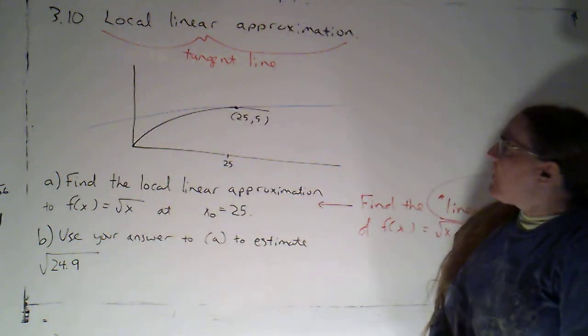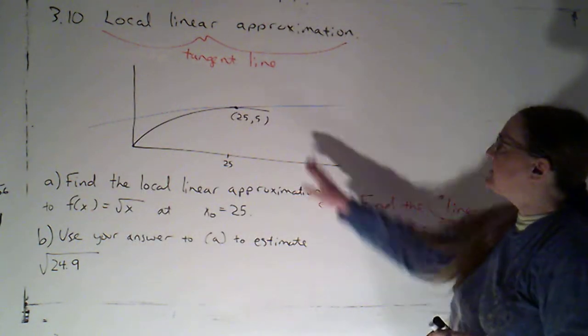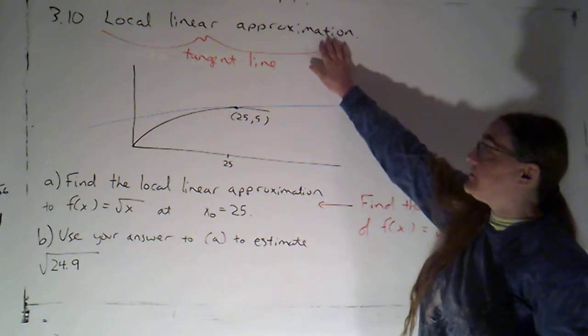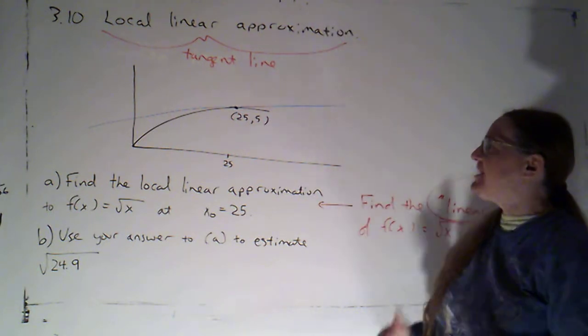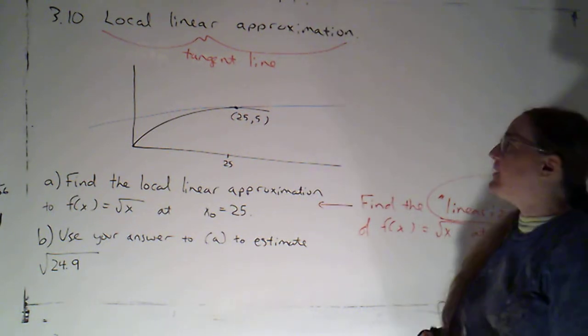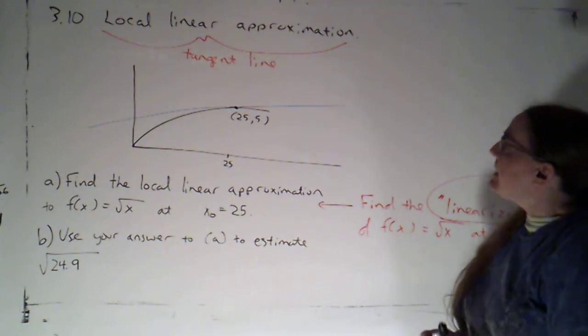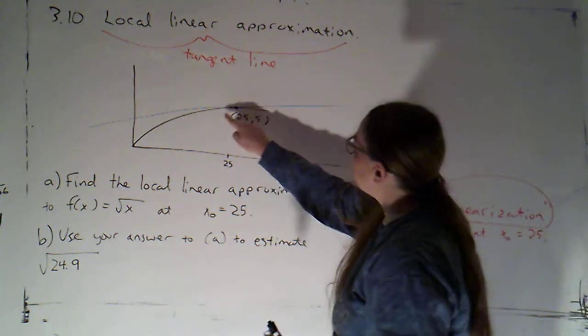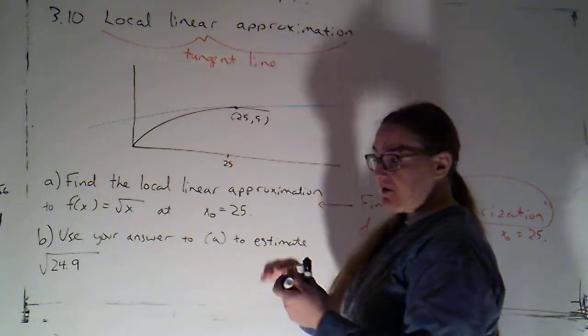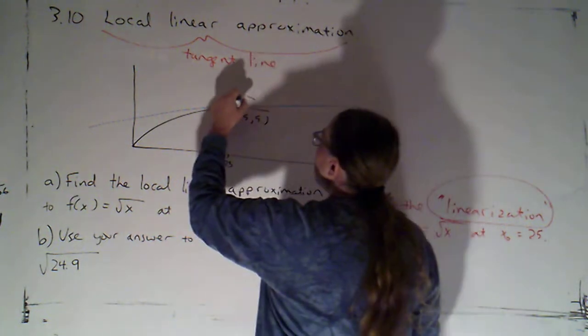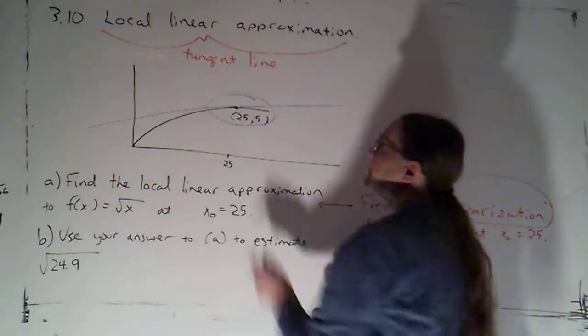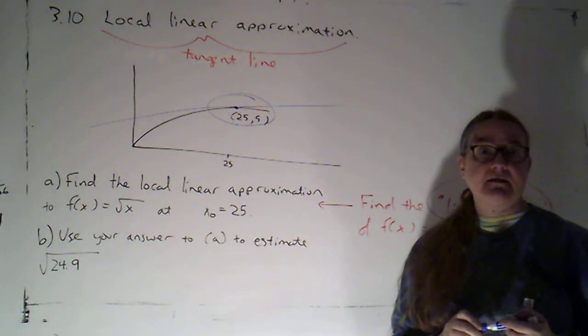We've been saying all semester the tangent line is the line that best approximates a function at and near the point of tangency. And so you can see that the line is actually very close to the curve as long as we stay fairly close to that point of tangency.